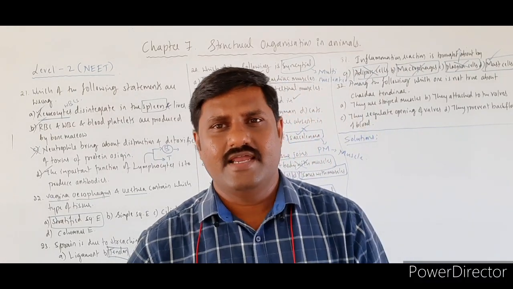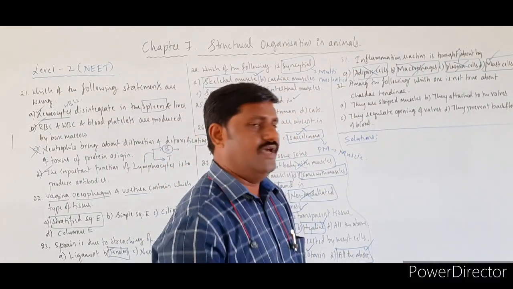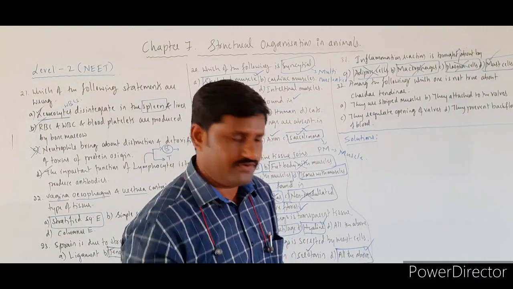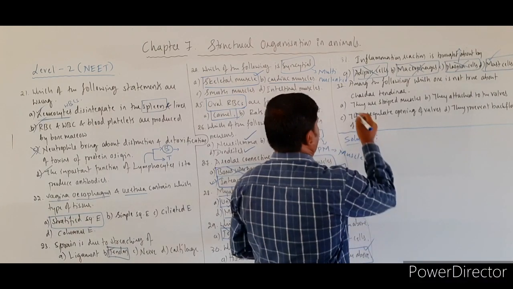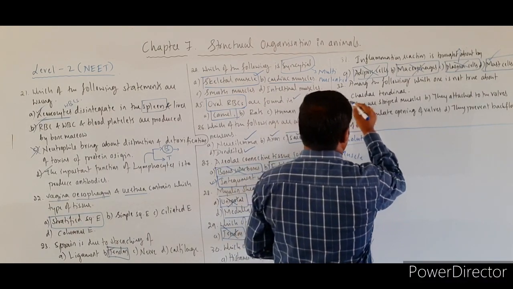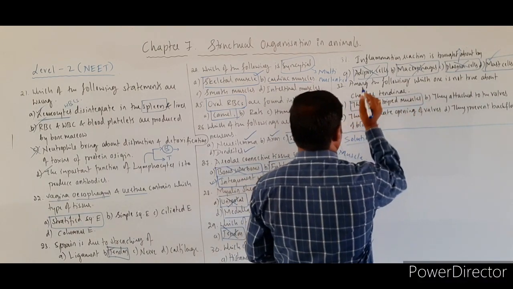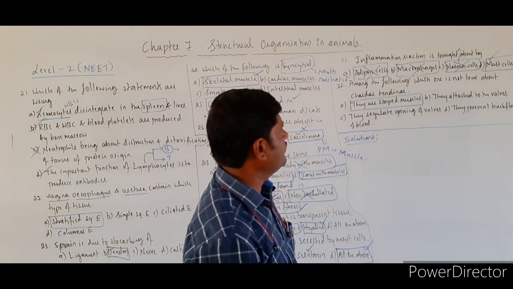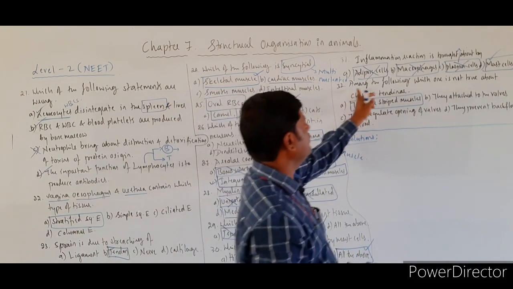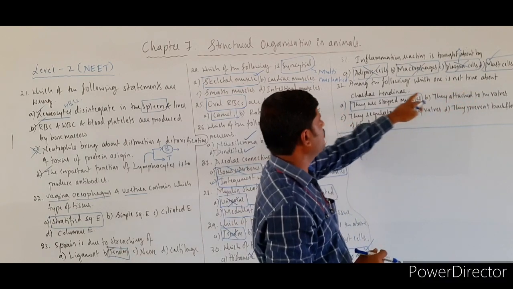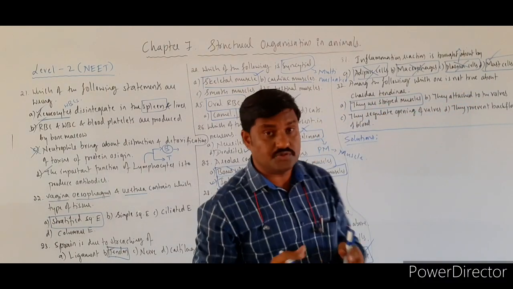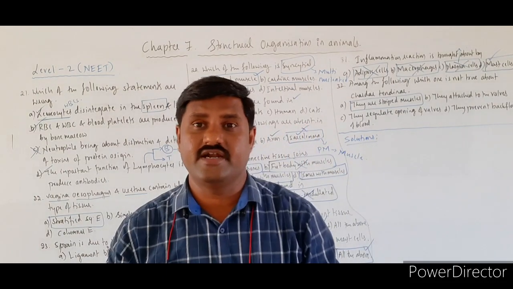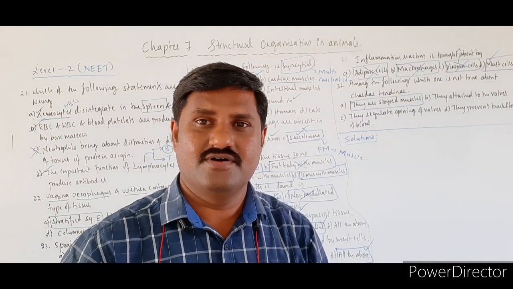Okay, so let us see the answers now, and we'll have to find out the correct answer. What does the first option say? They are the striped muscles. Among the following, which is not true about chordae tendineae?